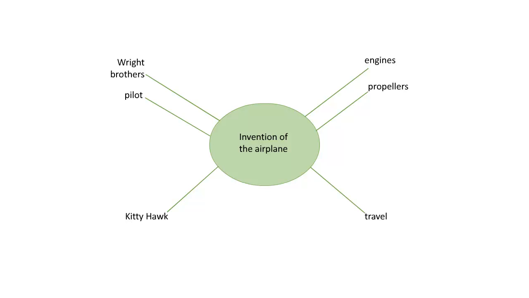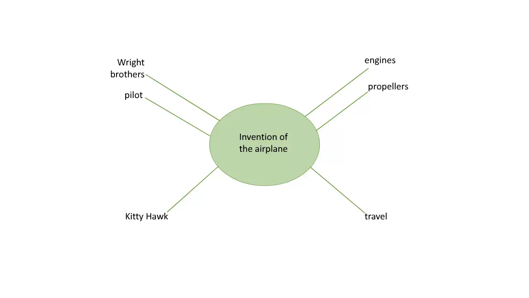It is such an important approach that it's useful to consider another example. What might a concept map look like for a reading passage about the invention of the airplane? In the middle of the map, the teacher or paraprofessional might write, "Invention of the airplane," because it is a central idea.